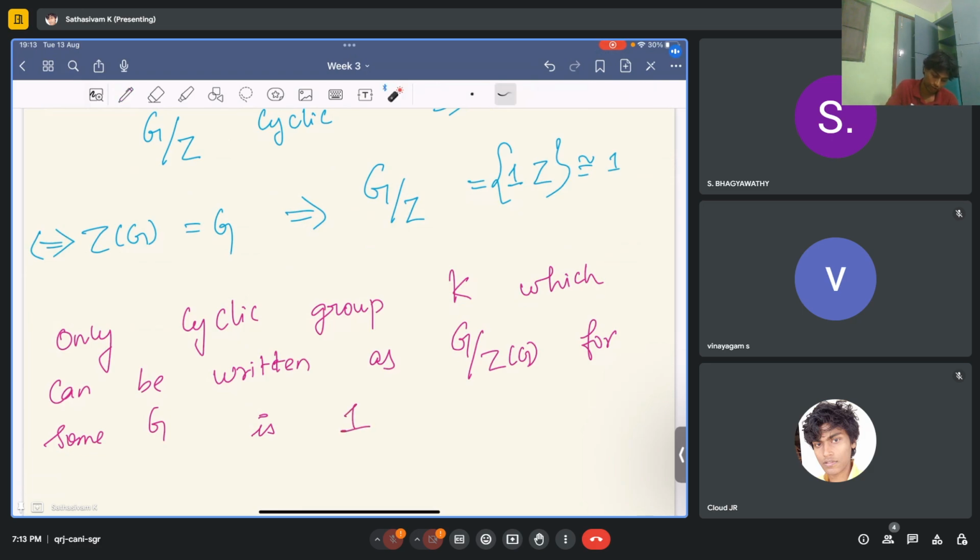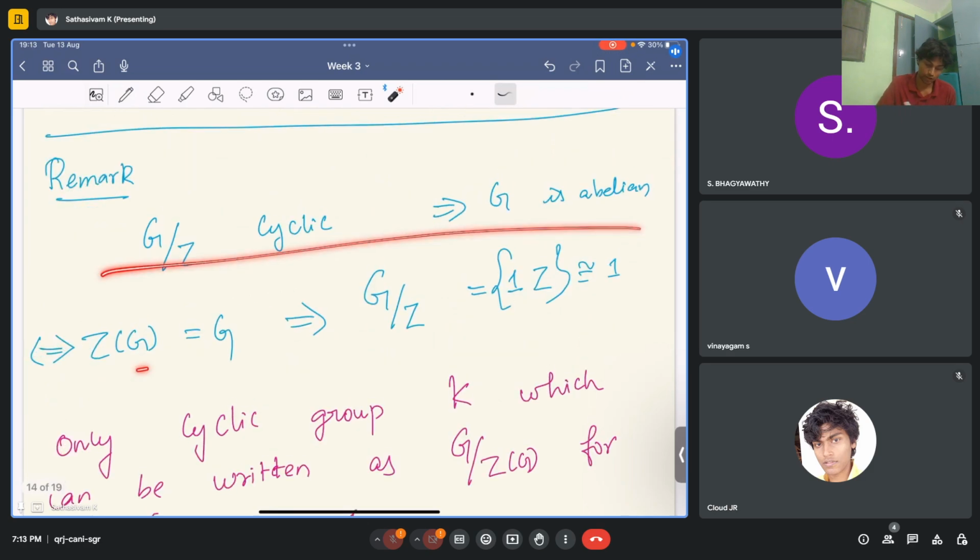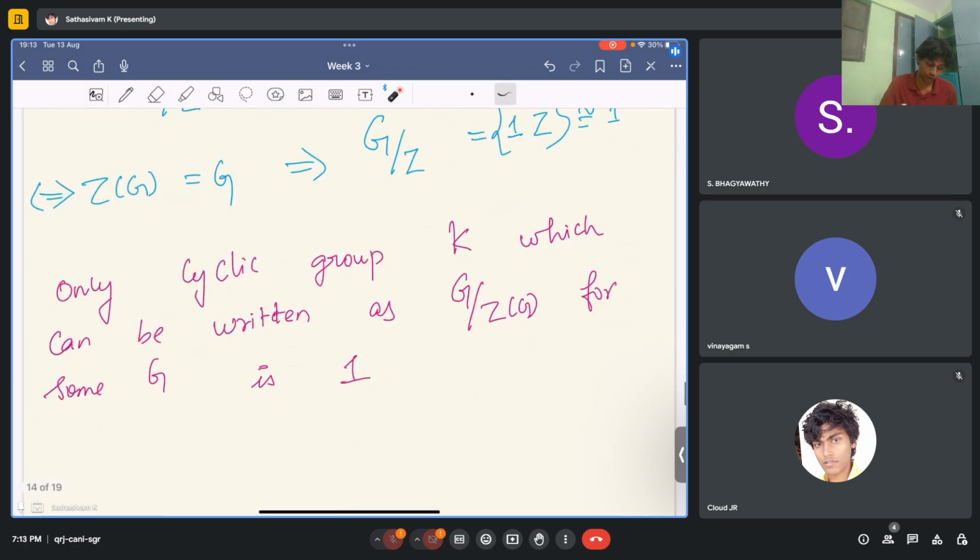So if you want to write this K as G by center of G for some other G, the only possible such cyclic group is the identity. So that is what this statement tells you. In general, you cannot write any other cyclic group as G by center of G.